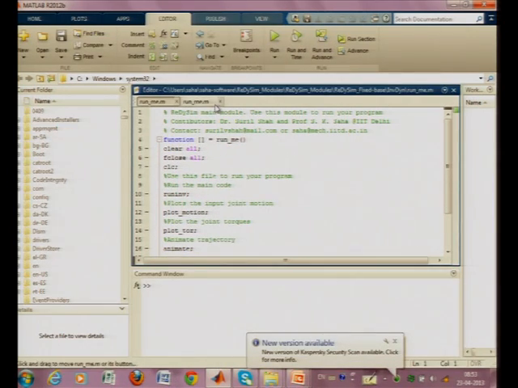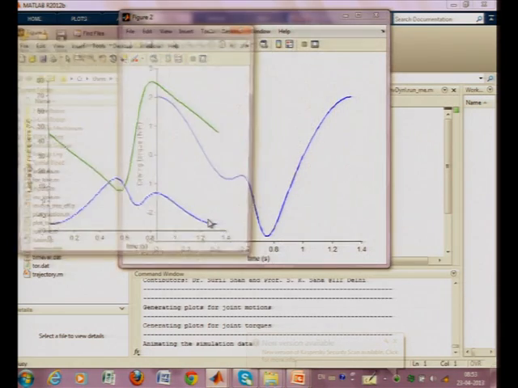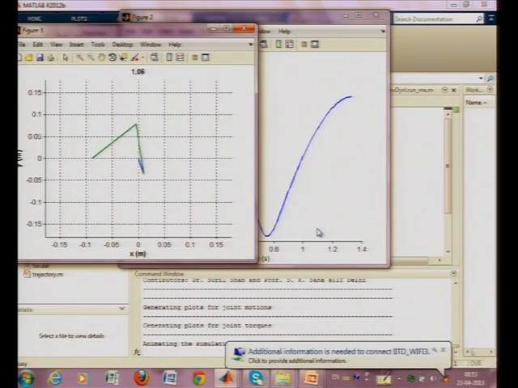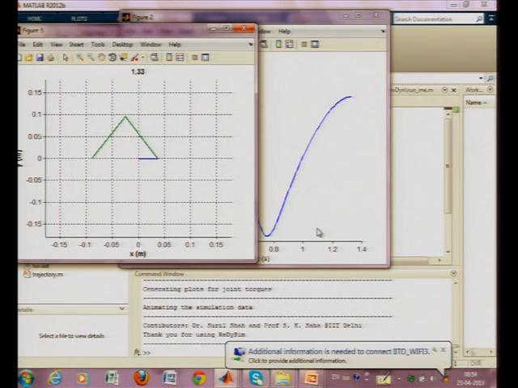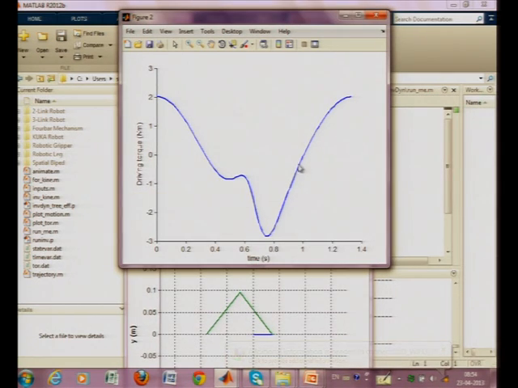Okay, so, this is the animation you see for the 4 bar linkage, and here you have the driving torque. This is the driving torque.